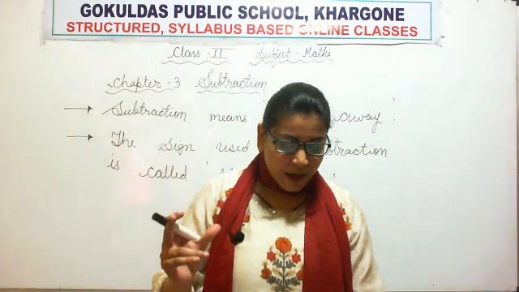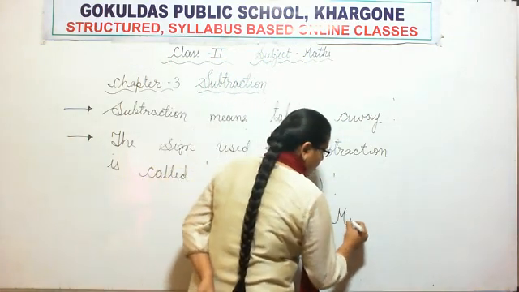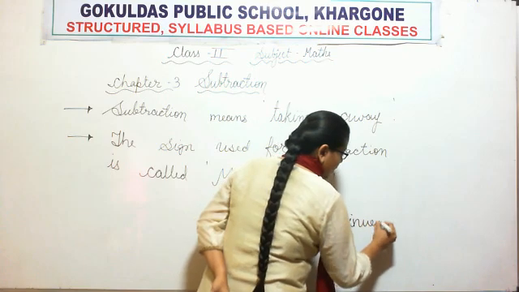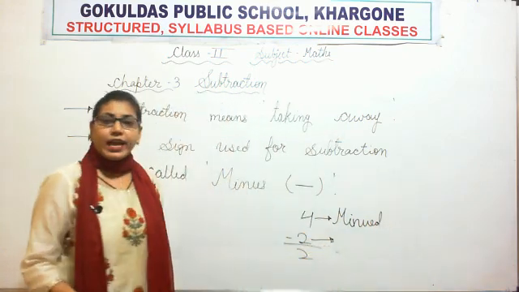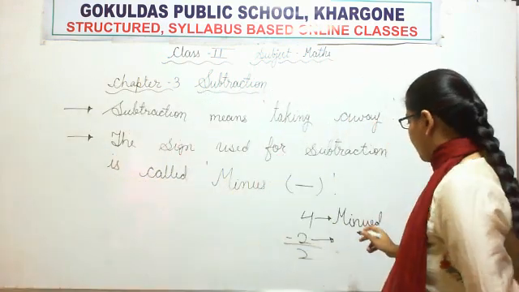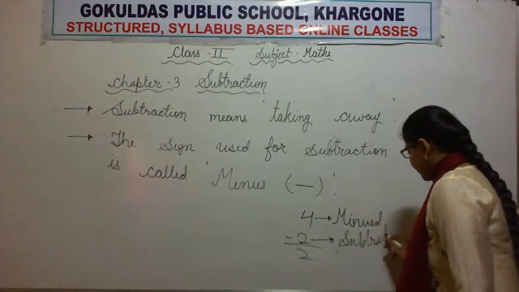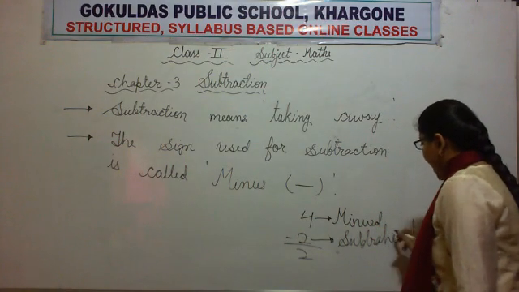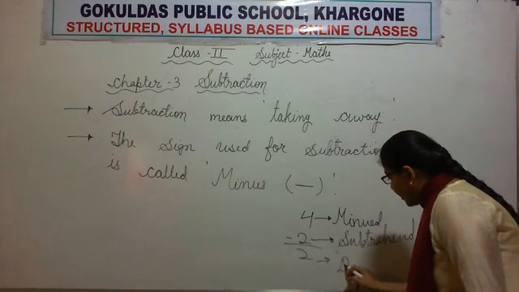So the bigger number we will call minuend. And the smaller number which we are subtracting, we will call subtrahend. And the answer we will call difference.